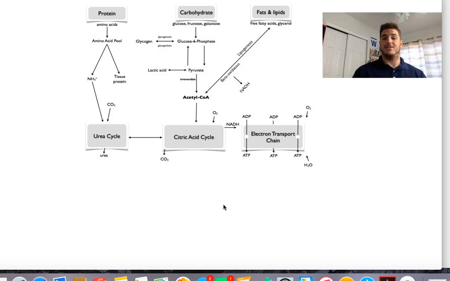Free fatty acids then enter the mitochondria, where they undergo beta oxidation, a series of reactions in which the free fatty acids are broken down, resulting in the formation of acetyl coenzyme A and hydrogen protons. Acetyl coenzyme A enters the Krebs cycle or citric acid cycle directly, and the hydrogen ions are carried by NADH and FADH2 to the electron transport chain.